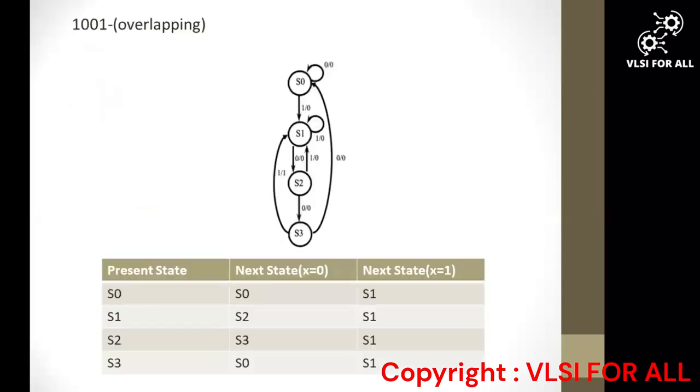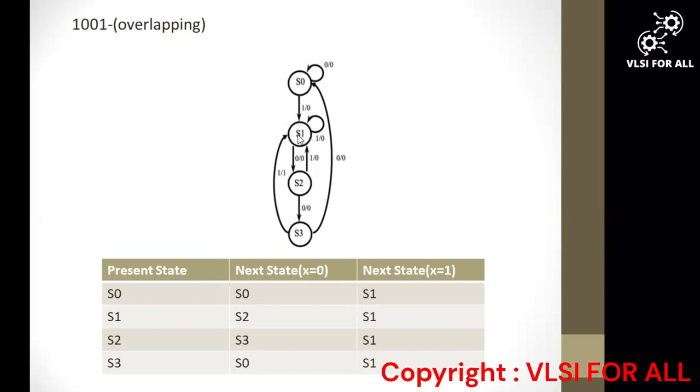Now for the 1001 overlapping case, with S0, S1, S2 and S3, similarly we will consider 4 states, and we will draw the state diagram and state table of the Mealy machine. We have studied this in digital electronics in a very detailed manner, as I have told you earlier. Let us see once how we can detect the overlapping case.